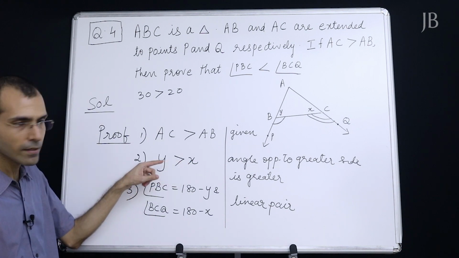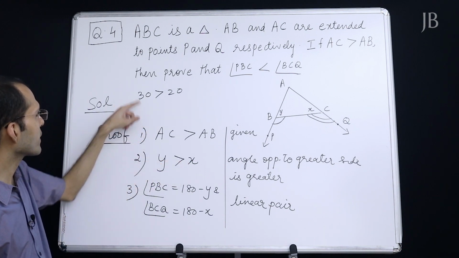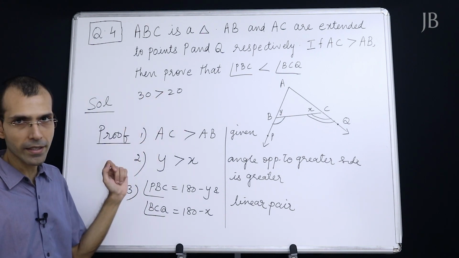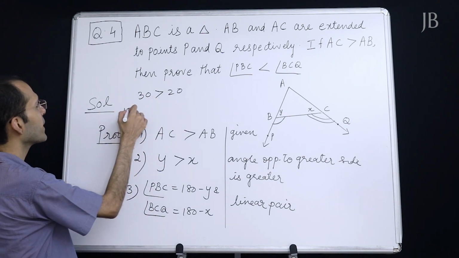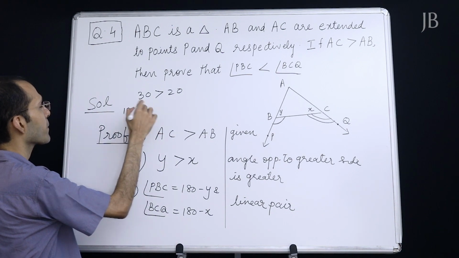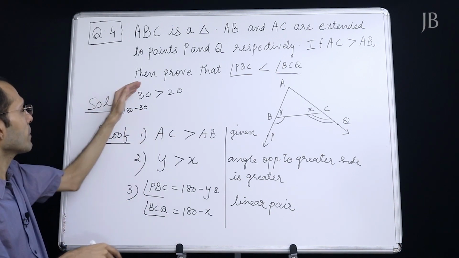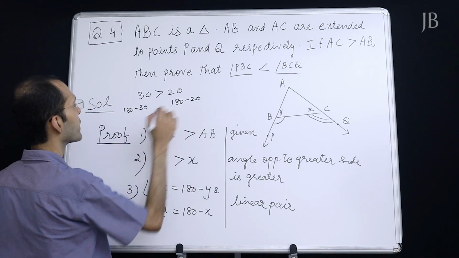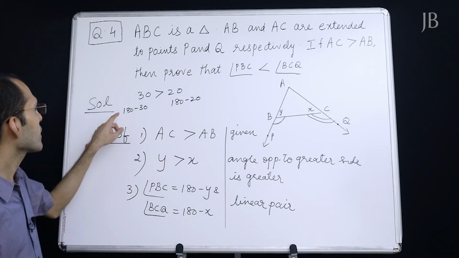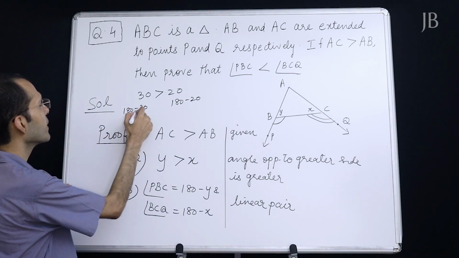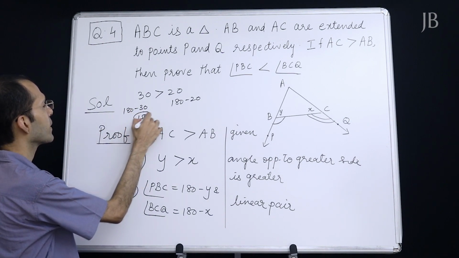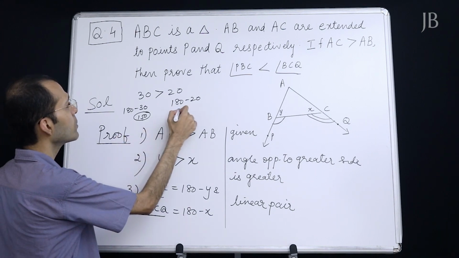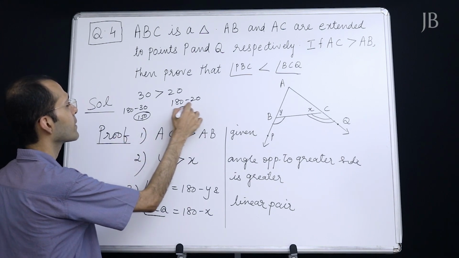Now we do 180 minus 30, not 30 minus 180, and on this side we do 180 minus 20. So 180 minus 30 gives you 150, and 180 minus 20 gives you 160.